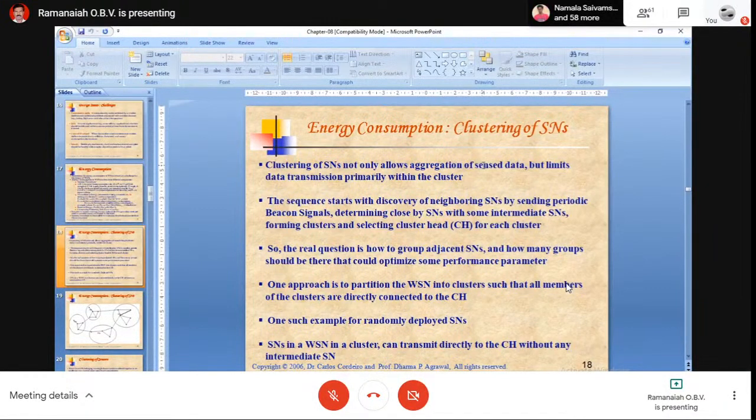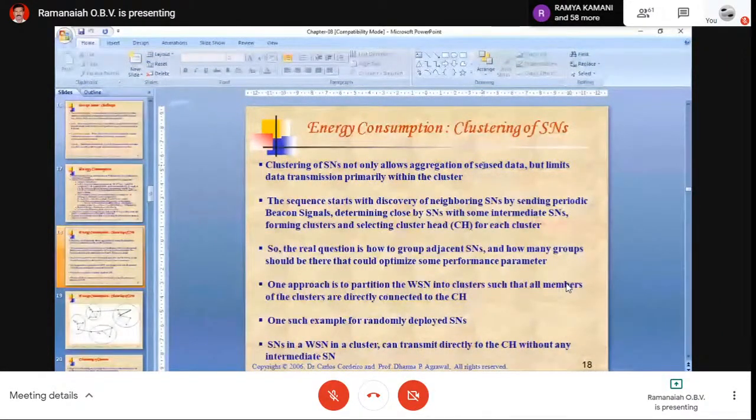Now, what is the hierarchy? If you keep the college head as the root of the tree, the children of this root are each department. There are 7 engineering departments plus service departments, some 3 or 4. And in each department, there are so many courses: 4-year program, 5-year program, UG program, PG program, PhD program.